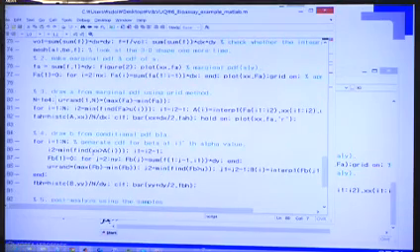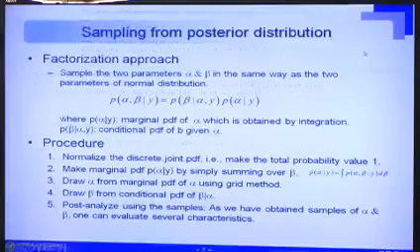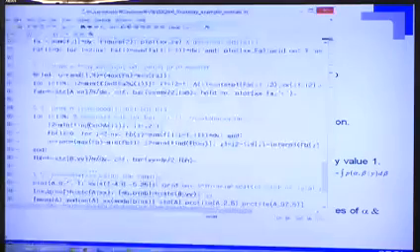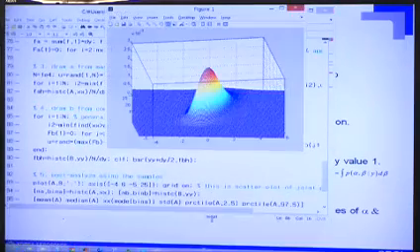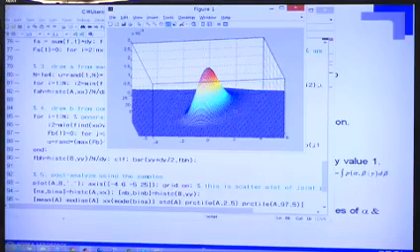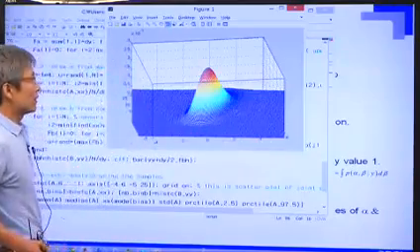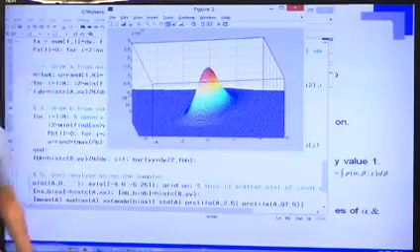And the fourth step, based on this information, is that we move to drawing beta using the conditional PDF. The conditional PDF means we right now have 10,000 values of alpha. This is alpha, this is beta. We have 10,000 values over this axis.